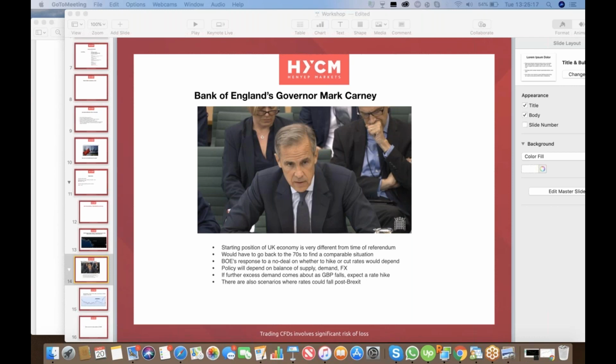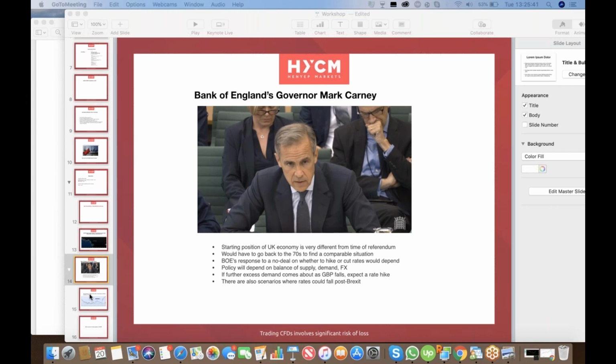Jacob Rees-Mogg was threatening to put in an application for a vote of no confidence via the 1922 committee. And every time this kind of news came out on Reuters, the pound was being sold off. So the pound is in a vulnerable situation. It's vulnerable to being sold on headlines, which means it's very volatile. That's something you have to be aware of when you're trading the pound.